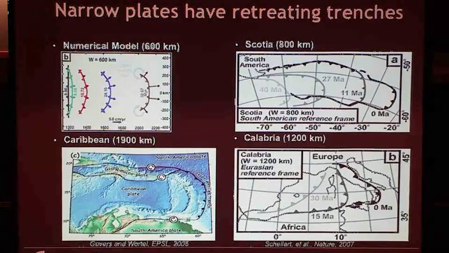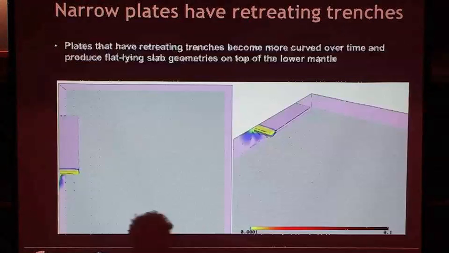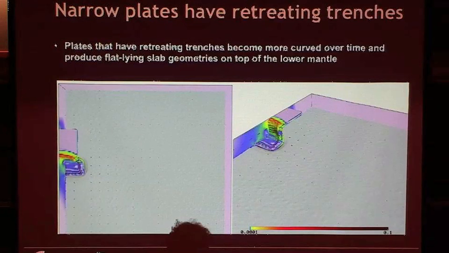The Mediterranean is a big back arc basin that rolled down and formed that. Italy is an arc, and it's a highly curved arc. It starts off with a straight trench and develops into a nice curve. So narrow plates have retreating trenches that become more curved over time, and notice that because there's this viscosity interface, you get a flat-lying slab there, and I'm going to talk a little bit more about that.